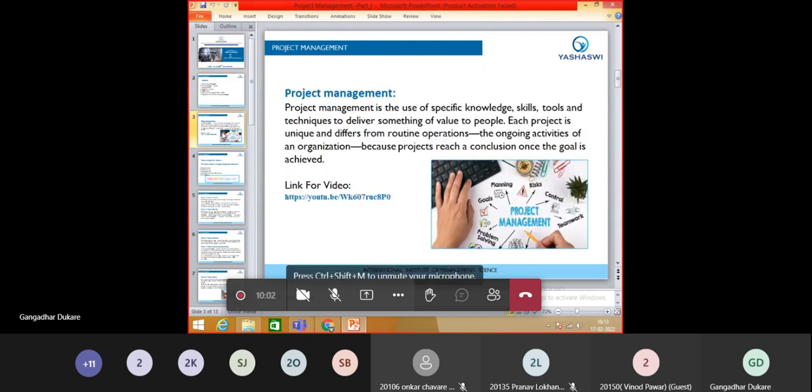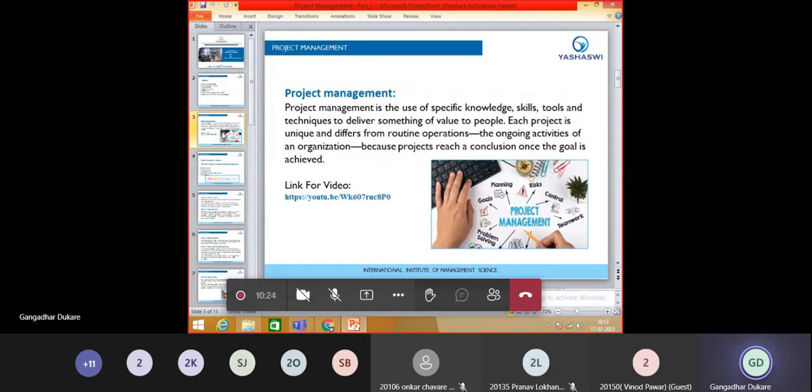Project management is the use of specific skills, knowledge, tools, and techniques to deliver something of value to people. Each project is unique and different from our routine operations, the ongoing activities of the organization, because the project reaches a conclusion once the goal is achieved.